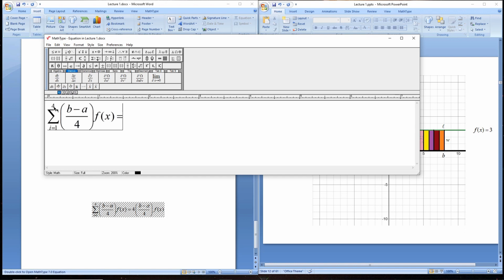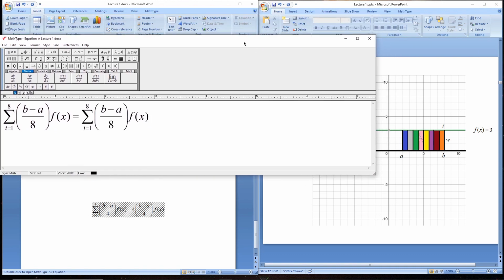Instead of 4, we're now saying there's 8 rectangles, so our summation has to go from 1 to 8 to add all 8 of those rectangles. Our length is b minus a, divided by 8, since we have 8 rectangles, and that's still times the function height. So what does this equal number-wise, given the information we have on the graph?